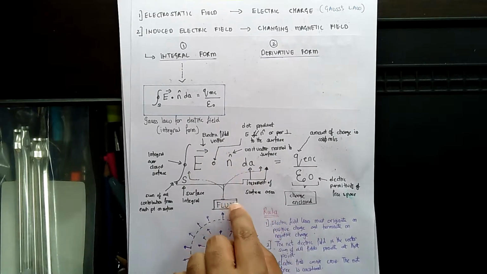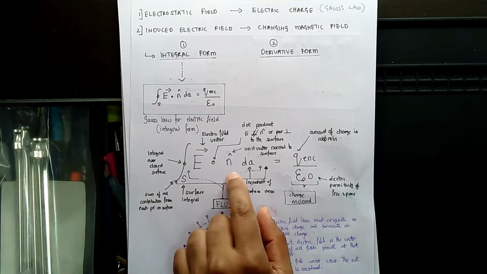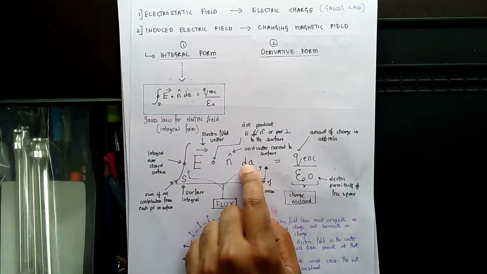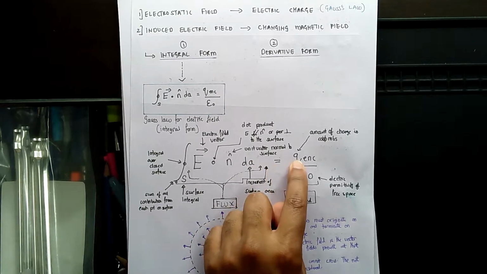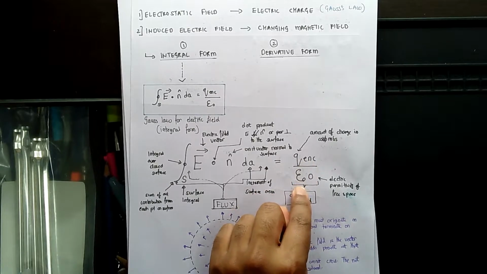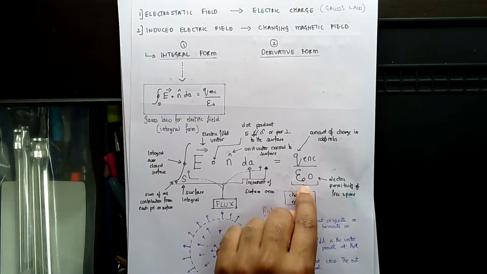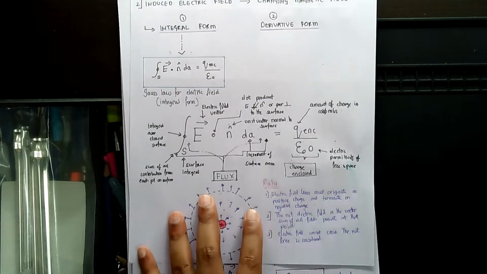I'll explain a little bit more, but I'm just trying to break the equation to see what it's really doing. And this is equal to the charge enclosed divided by the electric permittivity of free space.